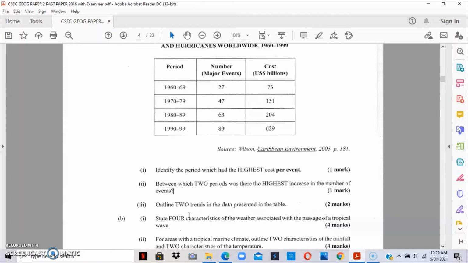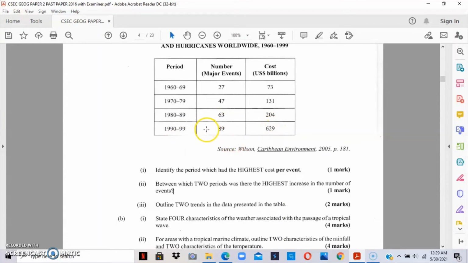Now, in order for us to get the highest cost per event, what we would have to do is to divide the event into the cost, right? And when you do that, you would realize that 1990 to 1999 had the highest cost per event. Good?